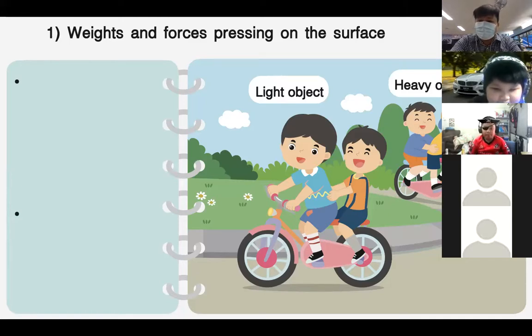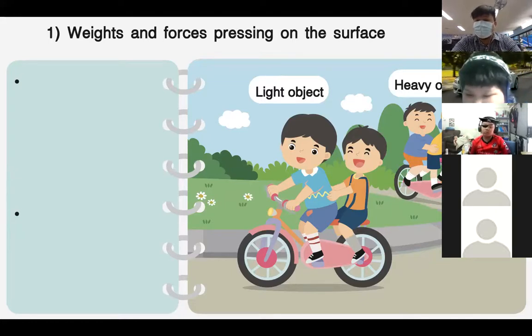What makes it heavy and what makes it light is the weight of these two kids. When you have a race with these two, the light object always wins because the weight of this kid is lighter than the other kid, which is heavy.